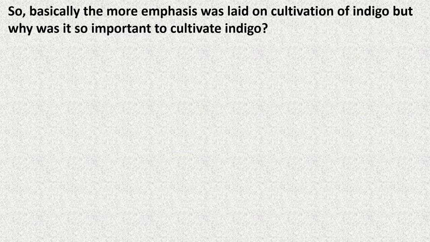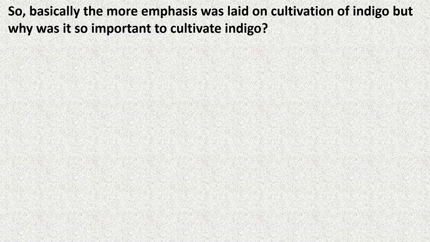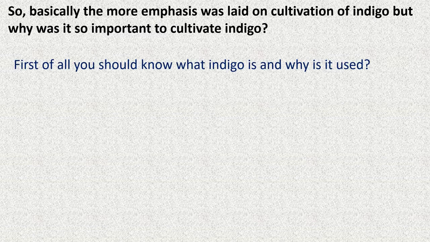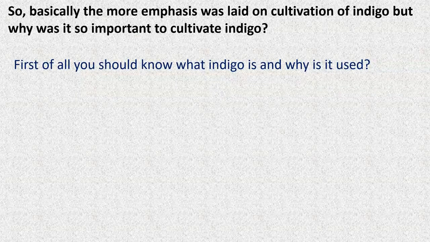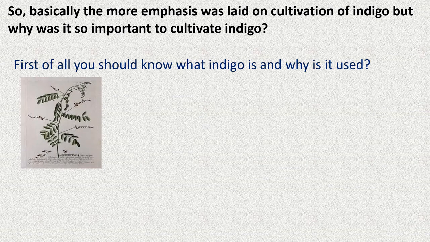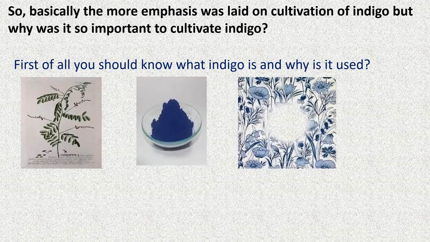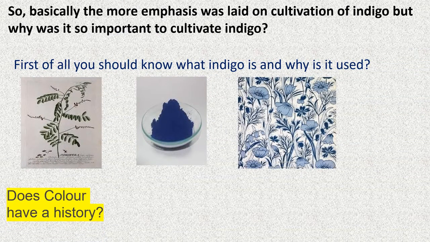But why was it so important to cultivate indigo? Do you know the uses of indigo or how indigo is produced? First of all, you should know what indigo is and why it is used. Indigo is basically a plant which is used to make dye and color the clothes.